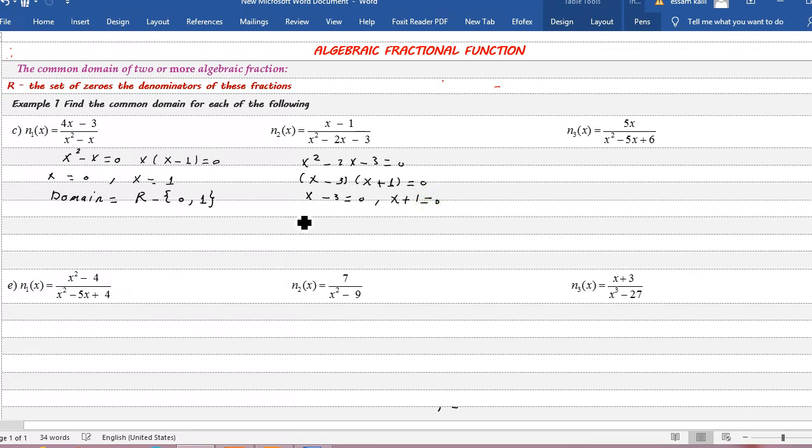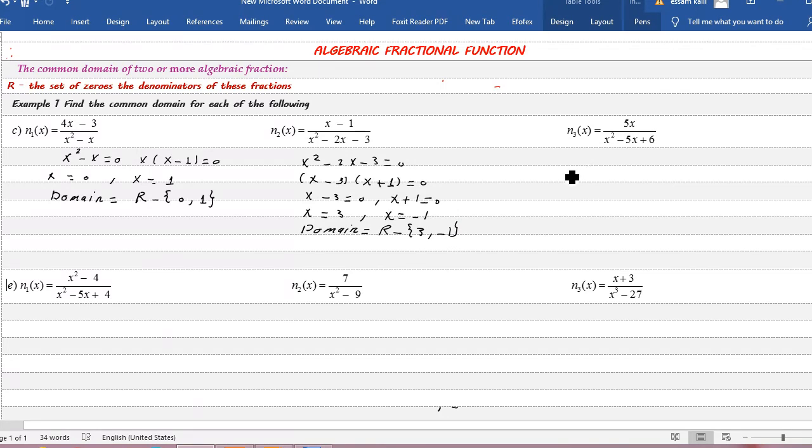Move negative 3 to the other side, so x equals 3, and move 1 to the other side, it becomes negative 1. So the domain equals r difference, the sets of 0 of the denominator, 3, negative 1.